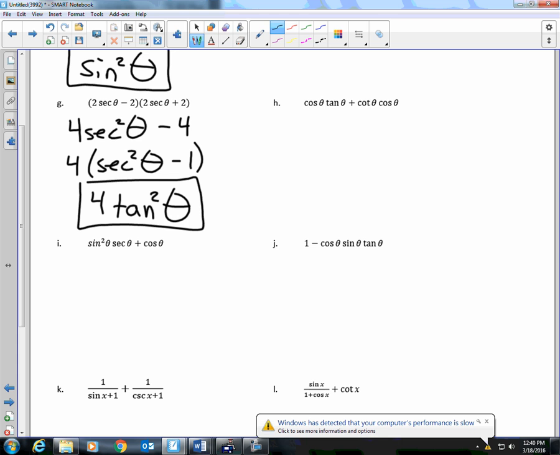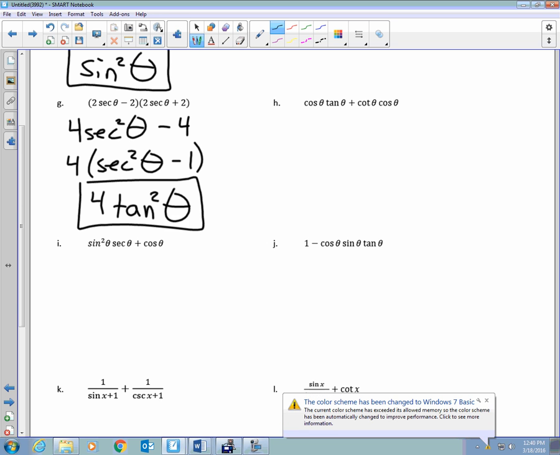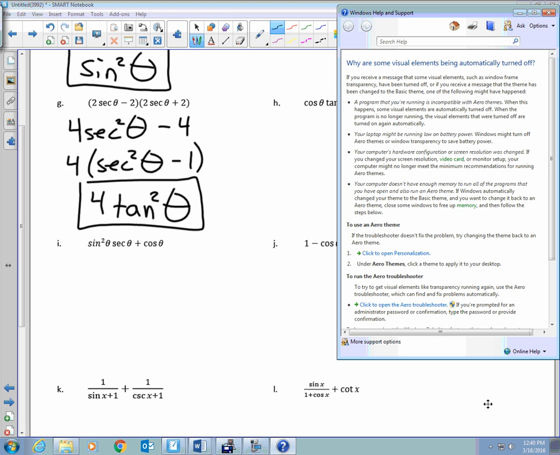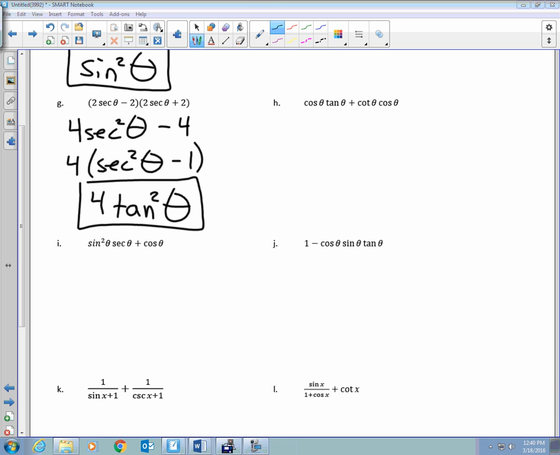So our best option here is to rewrite, to change this to everything in terms of sine and cosine.